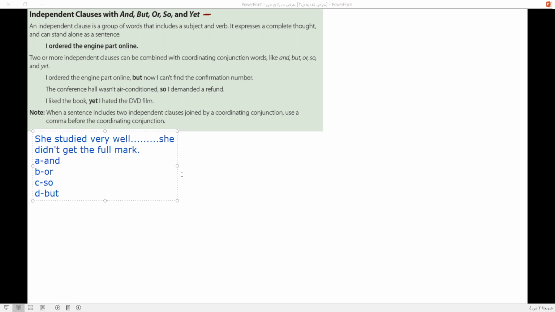What do you think? She studied very well and then she didn't get the full mark. Very good, Haneen. What do you think, Thalith? Very good, Jude and Siba.